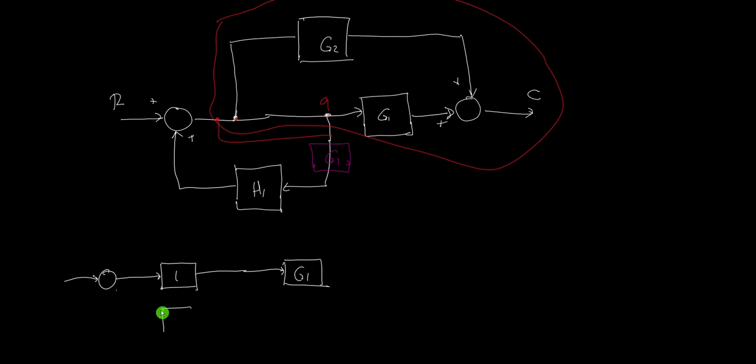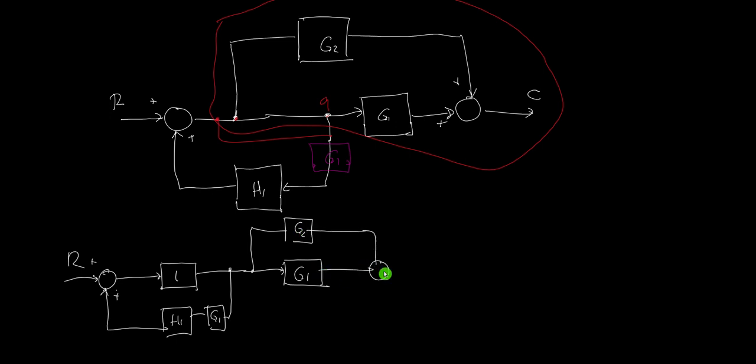Then we have another block here, which is equal to H1, and another block, which is the purple one that we had. And this is our new takeoff point, going here. This is plus, this is R. This is our A here. Then we have another takeoff point here, which will go to G2. This is G2 and goes back to the summing point. This is plus, and this is our C. So that's how we simplify this into this form.